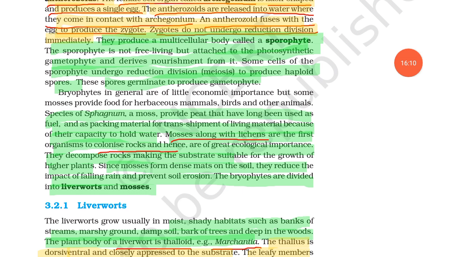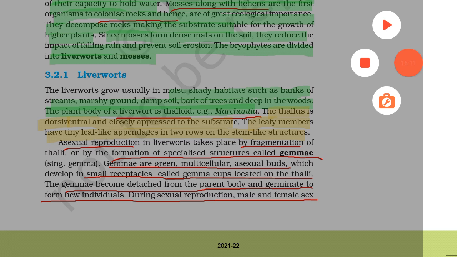Mosses, along with lichen, are the first organisms to colonize rock, hence are of great importance. They also decompose rocks, making the substrate suitable for the growth of higher plants. Then next, since mosses form dense mats on the soil, they reduce the impact of falling rain and prevent soil erosion. The bryophytes are divided into two parts, liverworts and mosses.